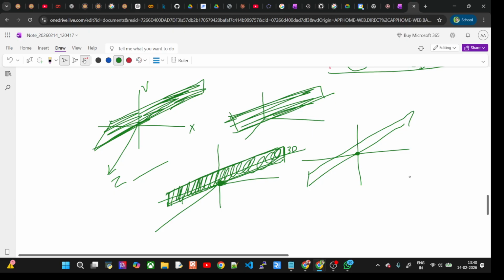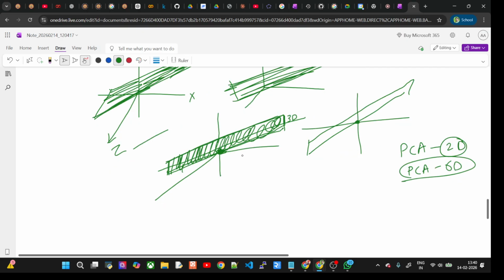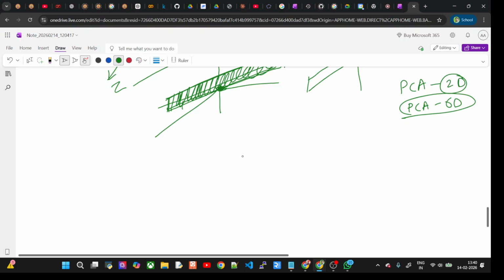So instead of doing PCA in 2D, you are doing PCA in 6D.